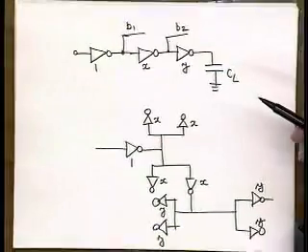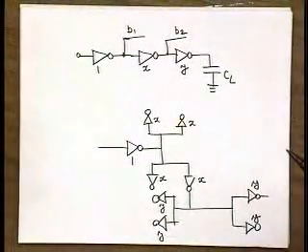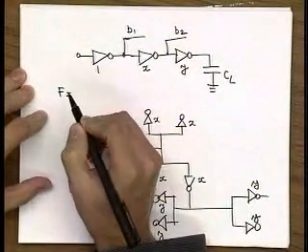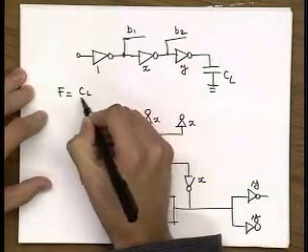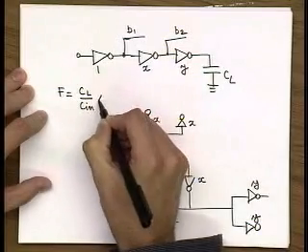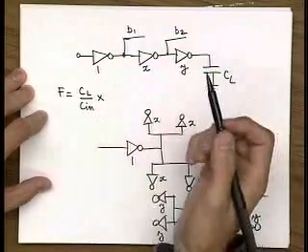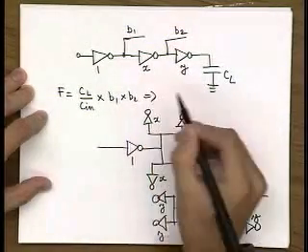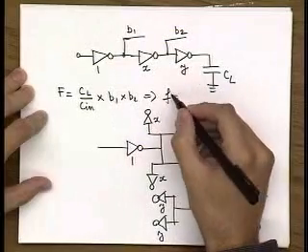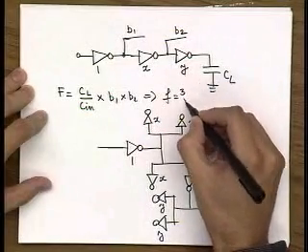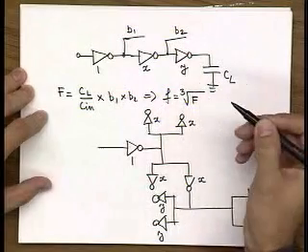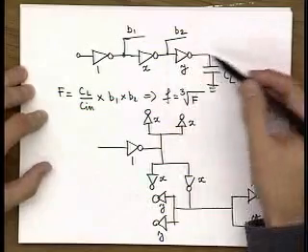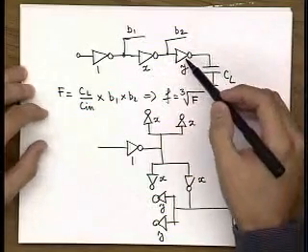But what you need to do in this case to minimize the propagation delay is take your overall fan out, which is equal to the load capacitance divided by the input capacitance of the first stage, times the overall branching factor. So you will have B1, B2. And then your optimum fan out per stage would be the third root of this capital F. And then you can work backwards through the chain to figure out your x and y.